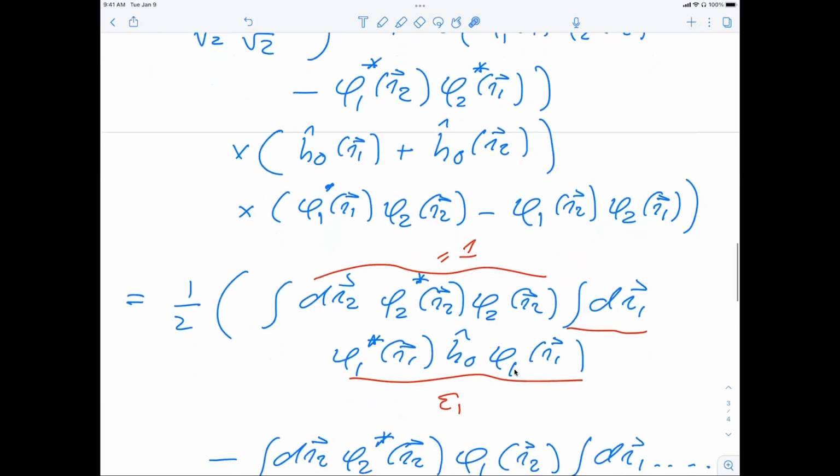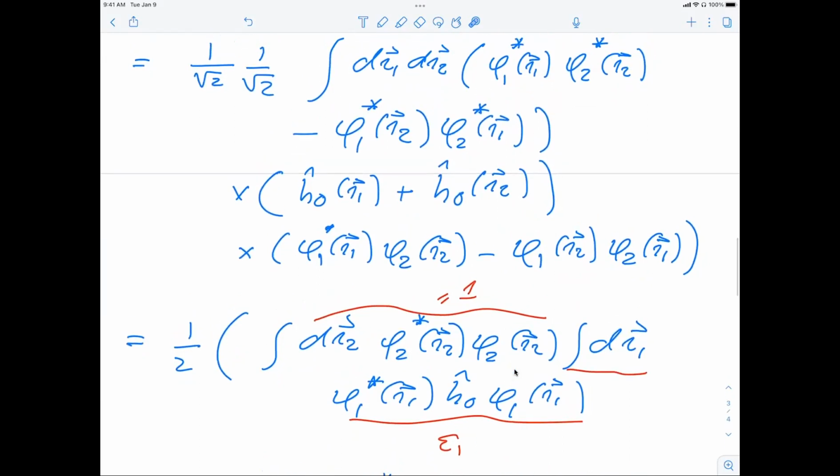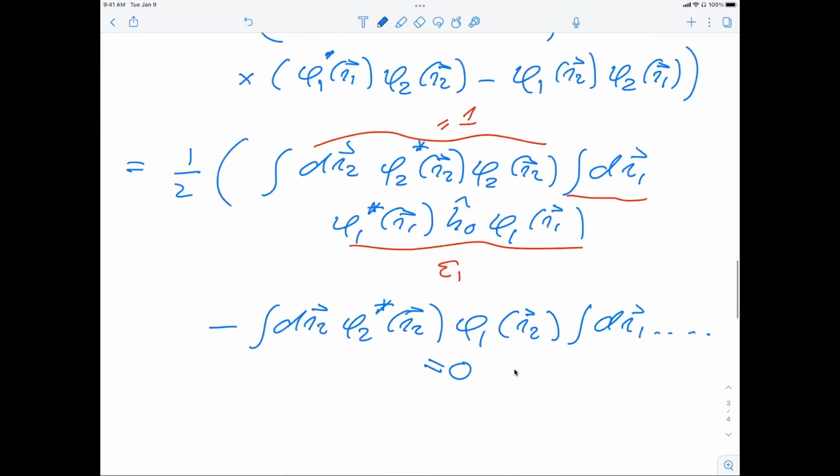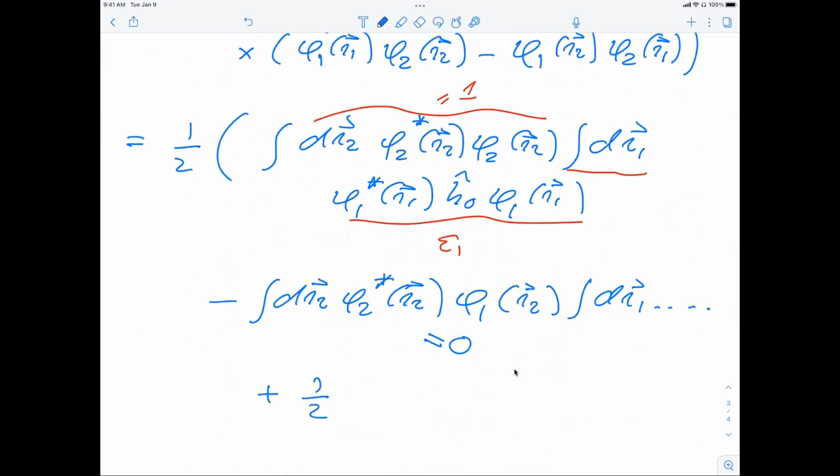If you look back at this integral, if you take this term multiplied with this term, R2, and then again multiplied with that term, you get epsilon 2, yes, exactly, because then you would have H0, R2, acting on this state, and then since the states are orthonormal, this one with that one will just give us 1, like this integral here. So we are going to get a plus epsilon 2 when we do that.